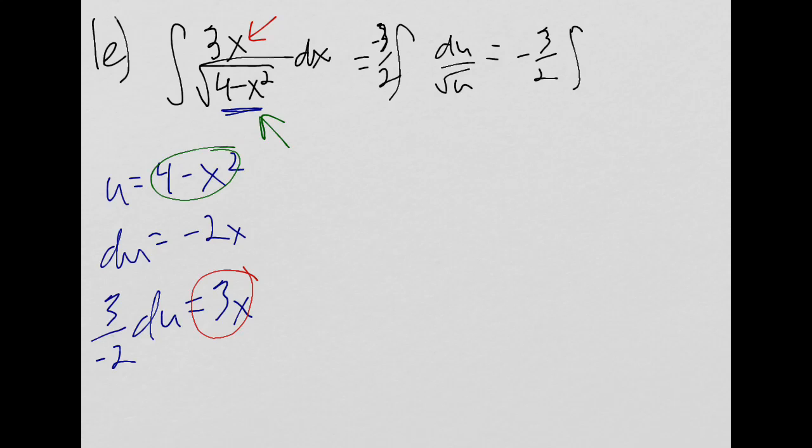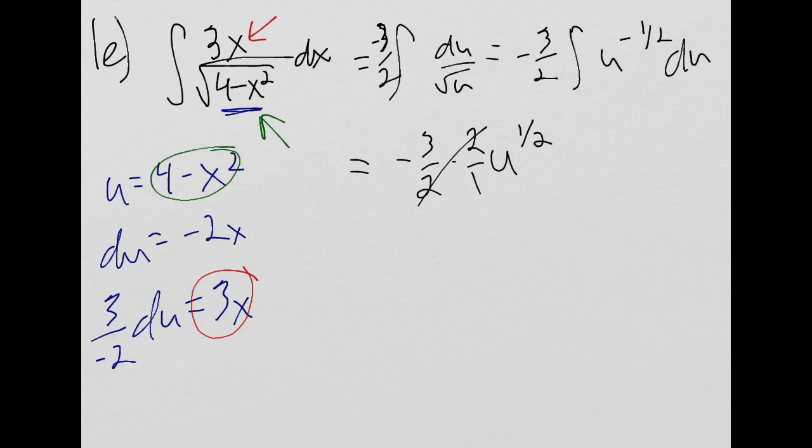But let's go ahead and do it out. I get u to the negative 1/2 du, which gives me, bump it up, I'll write my minus 3 over 2, and then times, if I bump the power up from negative 1/2, that takes me to u to the positive 1/2, and then I multiply by the flipped version of this function, so I get times 2 over 1.